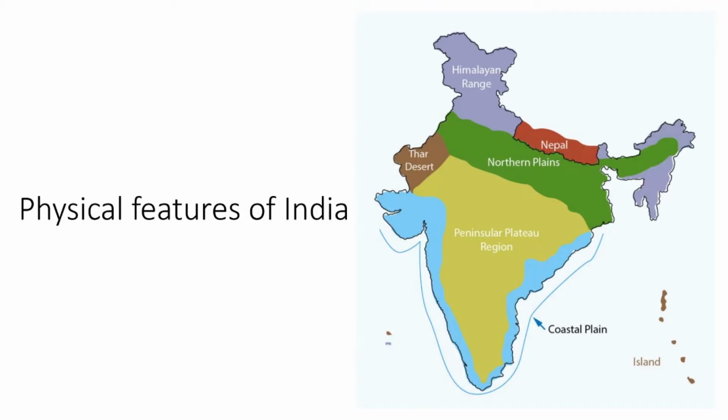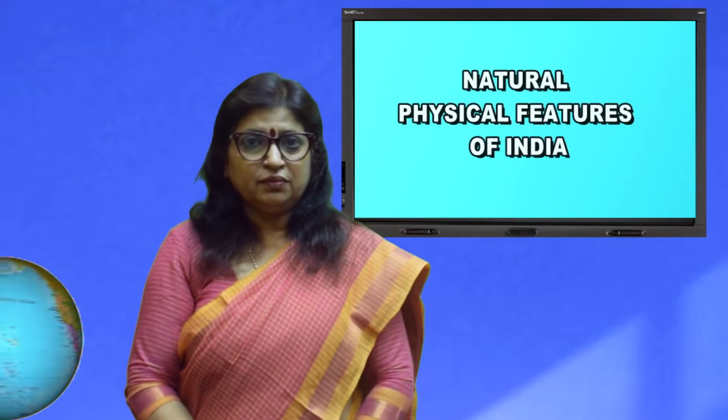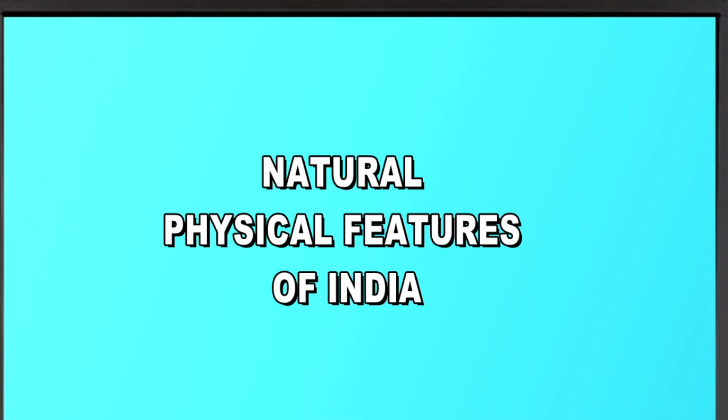Coming to know more physical features of India, let us study the natural physical features of India. Let me ask a question to you all. Can anyone tell me the major physical features of India? Right, let me tell you. India's physical features are divided into 6.